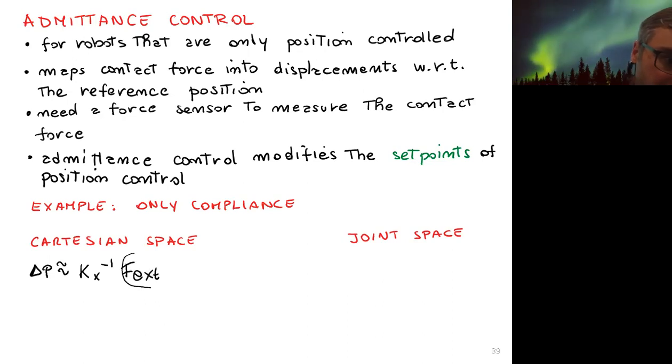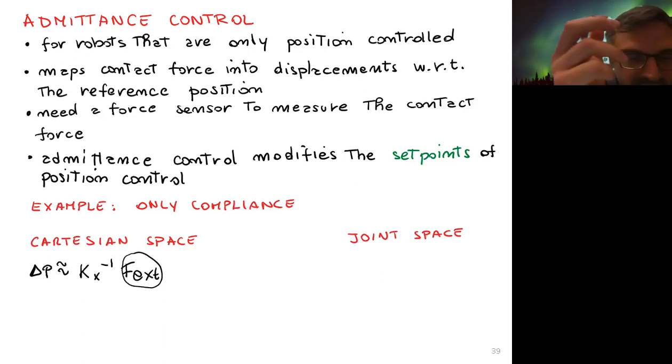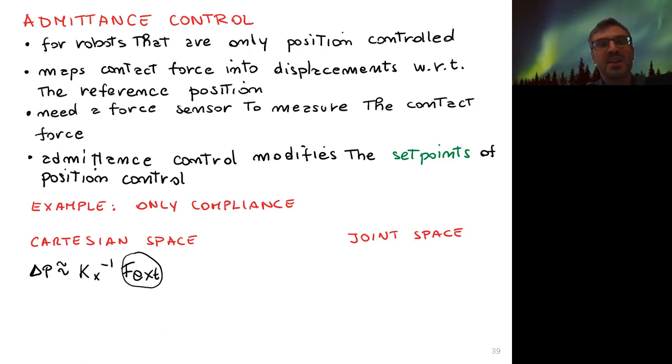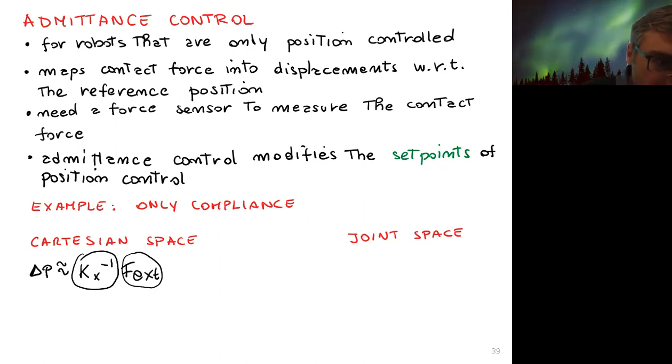So we measure the contact forces, we divide by the stiffness, and we get the displacement at the end effector from the reference position that we should have, such that our end effector emulates the behavior of a spring, a virtual spring of stiffness Kx. And this is called compliance. It's just the reciprocal of the stiffness.